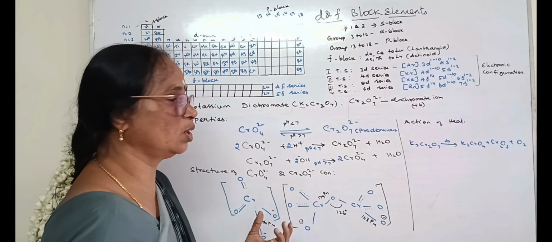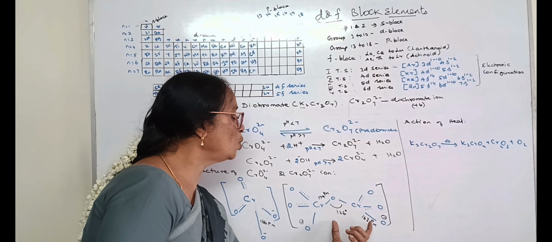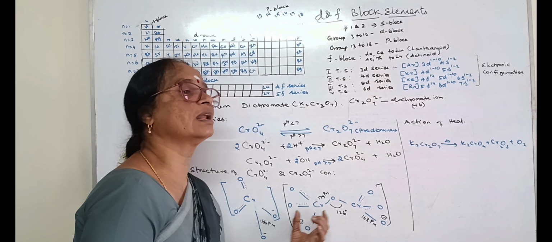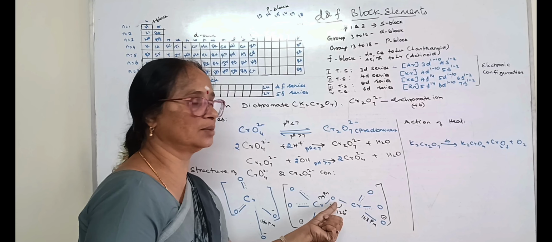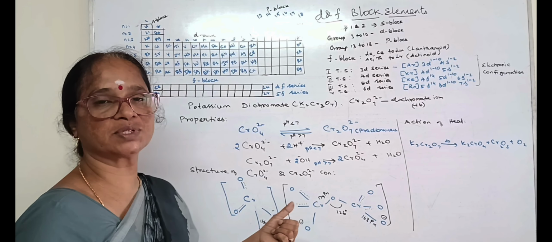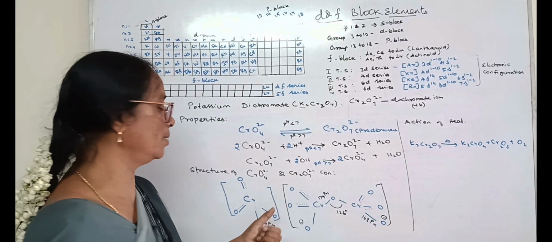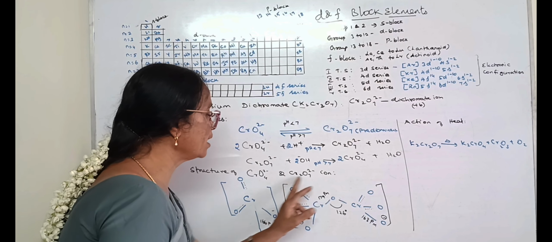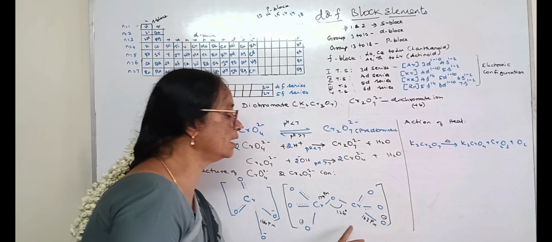Similarly, in the dichromate ion, there are 2 tetrahedral units linked by an oxygen atom. In this case, this oxygen behaves as a bridging oxygen atom. So this is one tetrahedral unit, this is another tetrahedral unit.